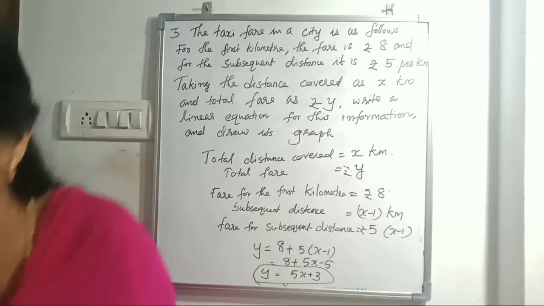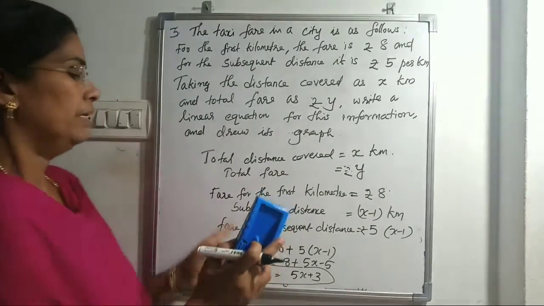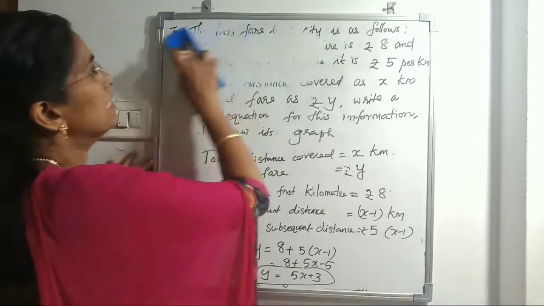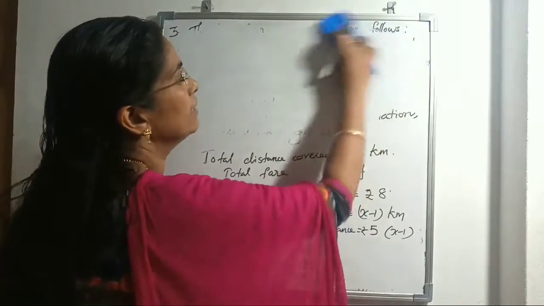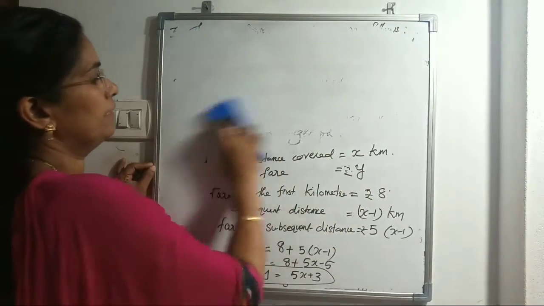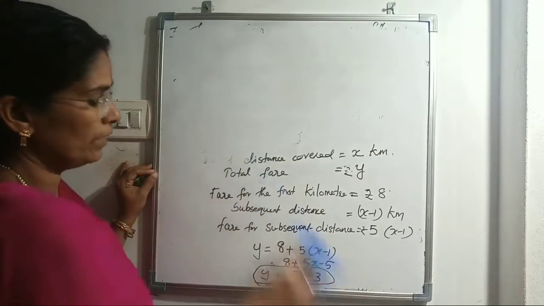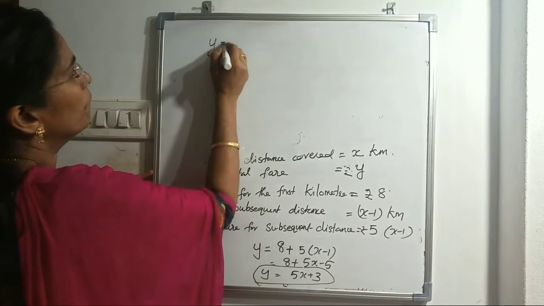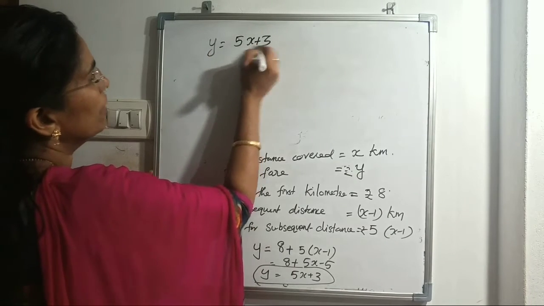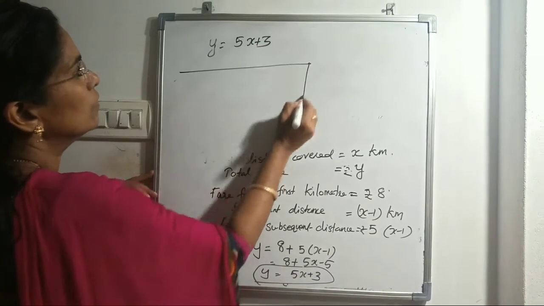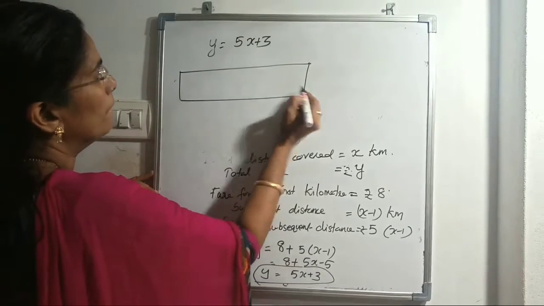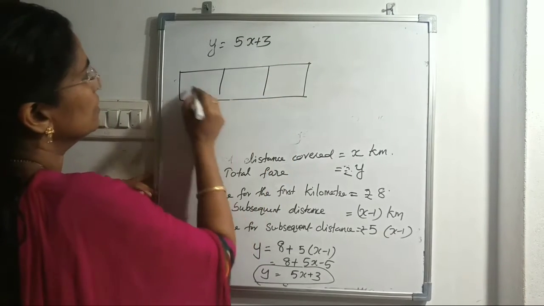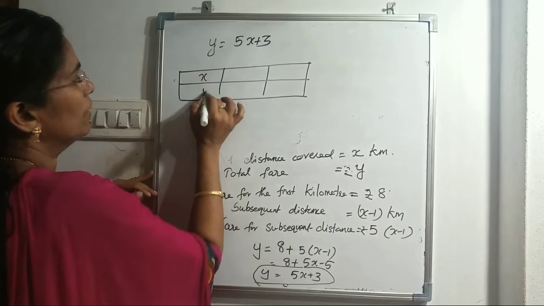Now we have to draw its graph. For this we have to find the table of points. Equation is y equal to 5x plus 3. We can find 2 points, x and y.